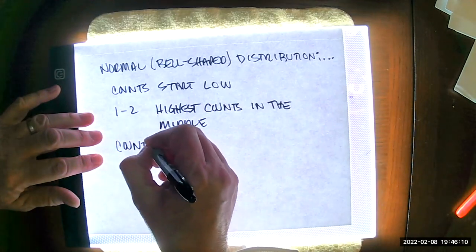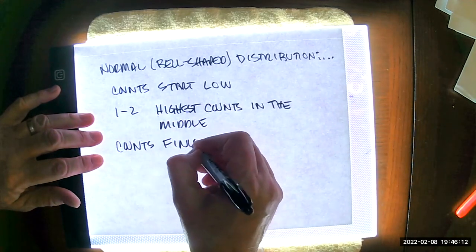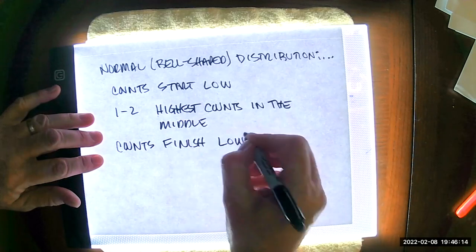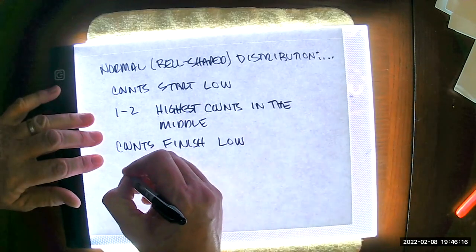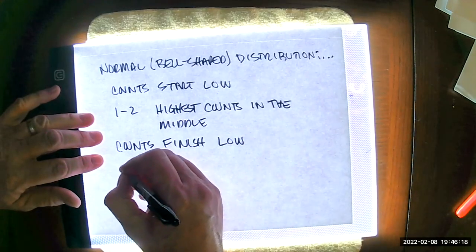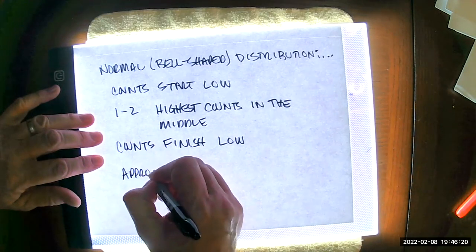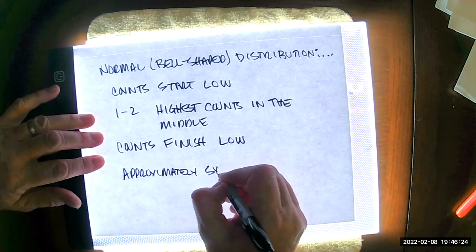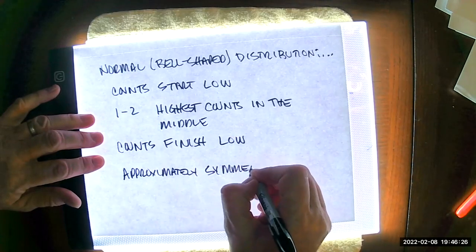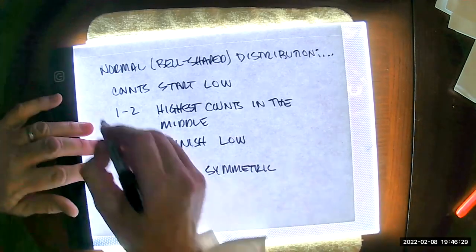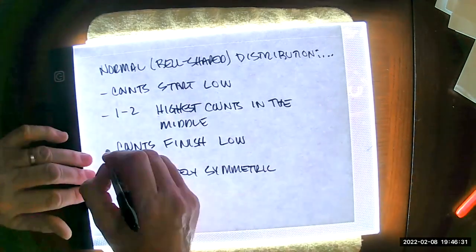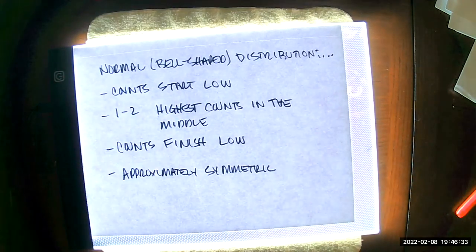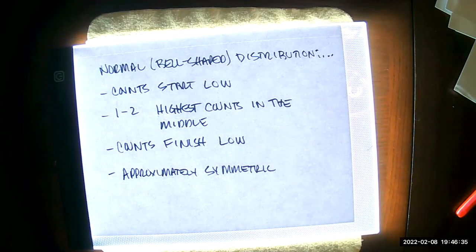Counts finish low. And they are approximately symmetric. Those four things are the requirements for a normal distribution.